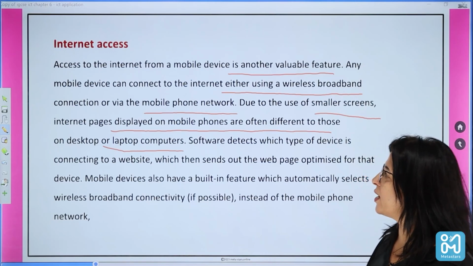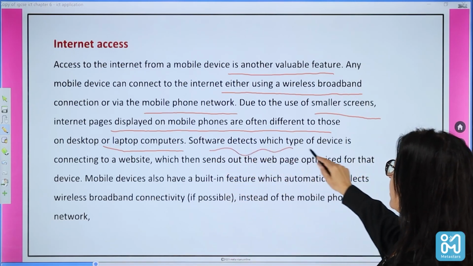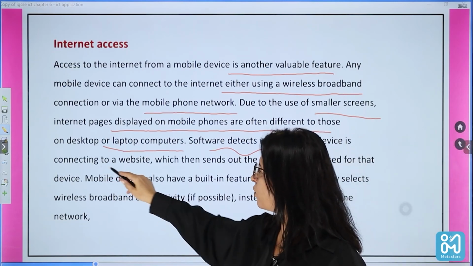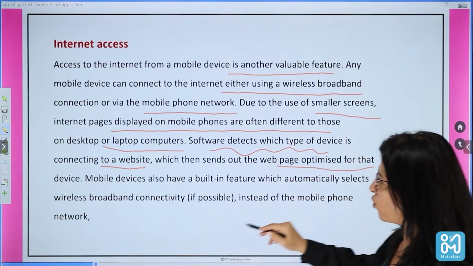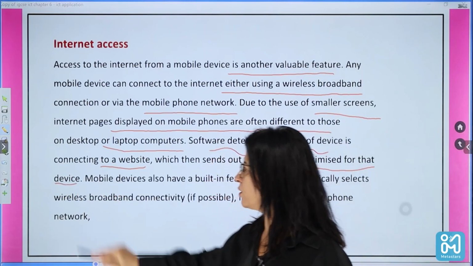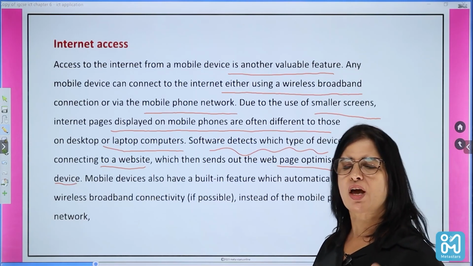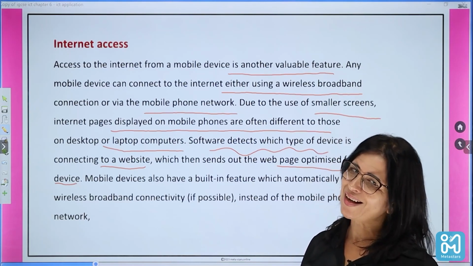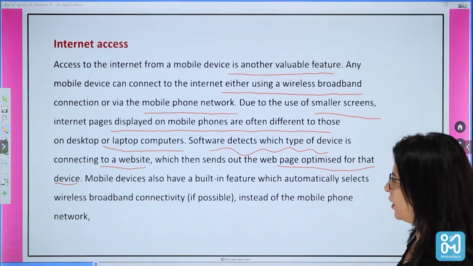Software detects which type of device is connected to the website, then sets the web page optimized for that device. So the website will check if you are using a laptop or a mobile, and according to this, it will send the proper size of the web page.